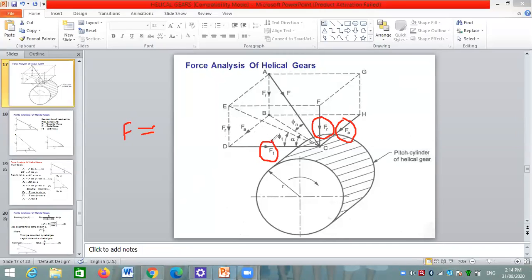Always remember that the tangential force is responsible for transmission of the torque or power or motion. Means if we see the three forces, Ft represents the tangential force and it is responsible for transmission of the power, torque or motion.